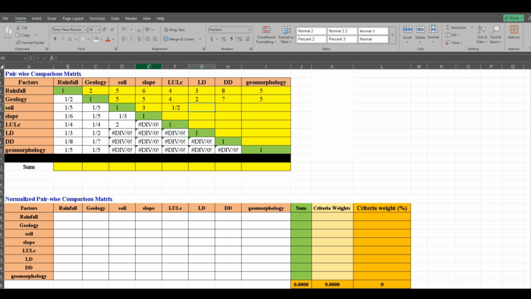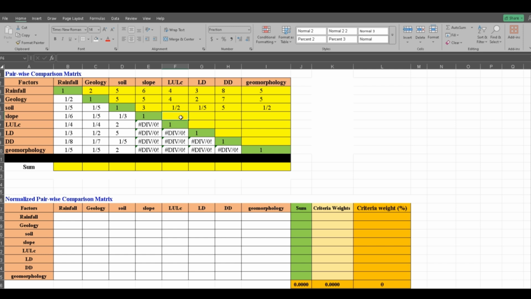Lineament density is strongly important. Therefore, I will assign 1/5. Soil versus drainage density. Soil is strongly important. Soil versus geomorphology. Geomorphology is weakly important.